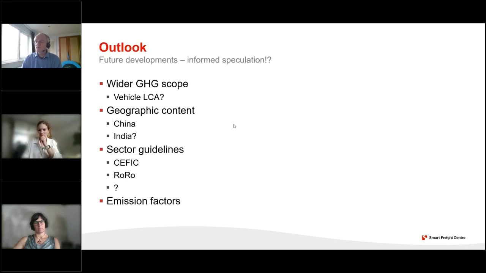Within the GLEC framework, we know that our Chinese colleagues are very keen to have some China specific content within the main version. We've previously translated our previous versions into Chinese, but I think they will be coming with China-specific emission intensities before long as well. I've already mentioned the CEFIC chemical industry guidelines, but we've also been working on specific guidelines for the RoRo sector.